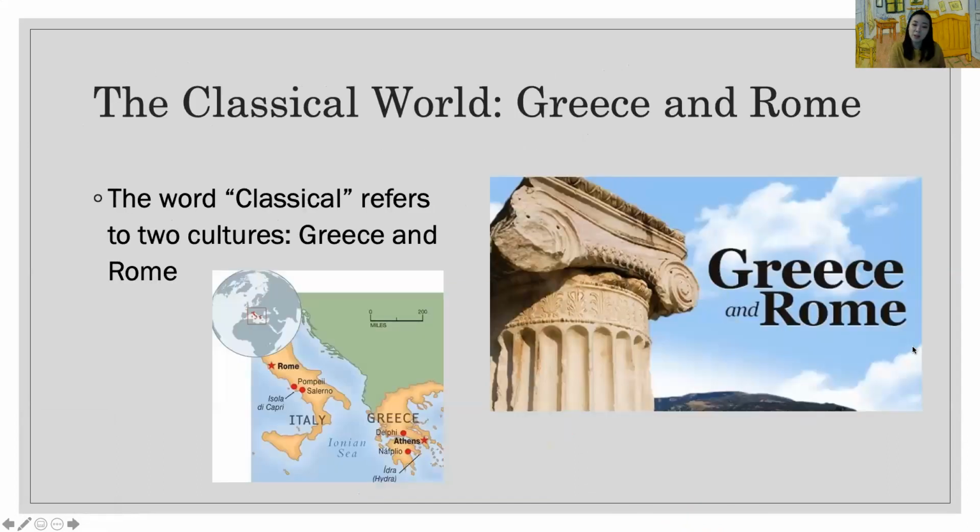So based on the three Aegean major cultures we just saw, the Cycladic, the Minoan, and the Mycenaean, Greek art arose. And Rome followed Greek art. So the word classical refers to two cultures, Greece and Rome. And it aesthetically indicates artwork of the highest quality and standards.